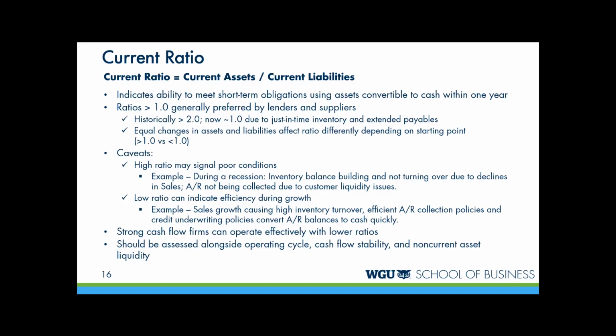Inventory is a current asset, and this ratio is current assets divided by current liabilities. If our inventory keeps building, the value of the current ratio is going to keep building. So even though it looks like a positive value, it's actually going to be a negative thing because it's due to poor economic conditions.